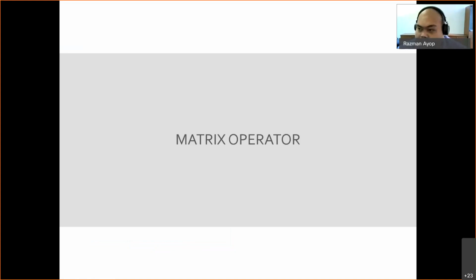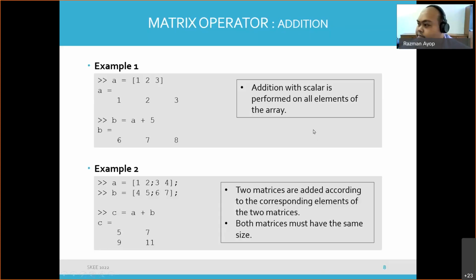So the next part is the matrix operator. You can try this. Say you have A equals to 1, 2, 3. In matrix, you just add like this.